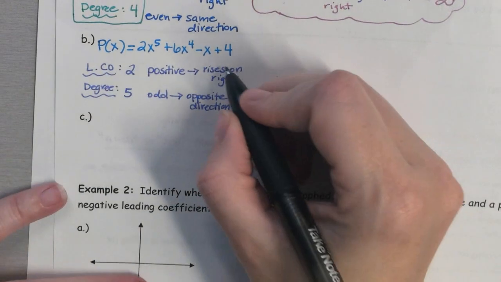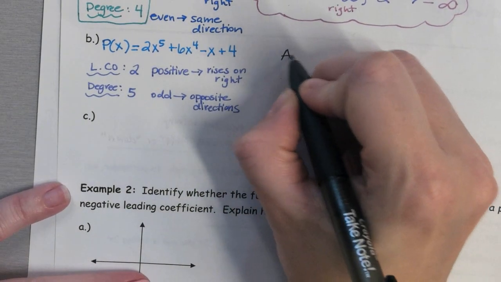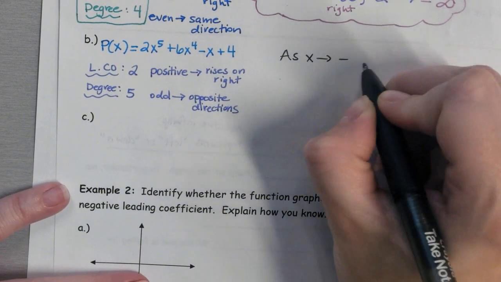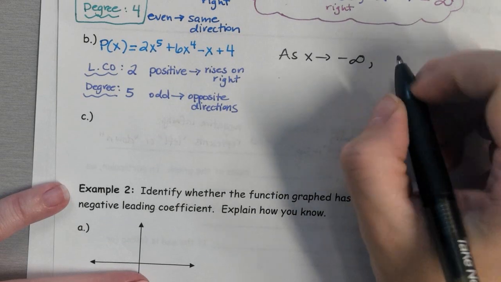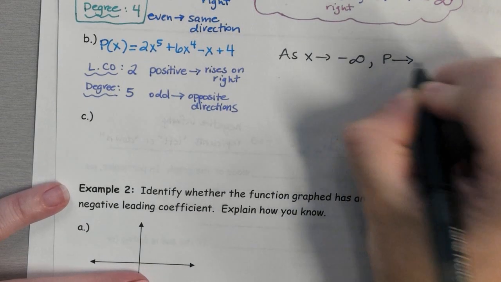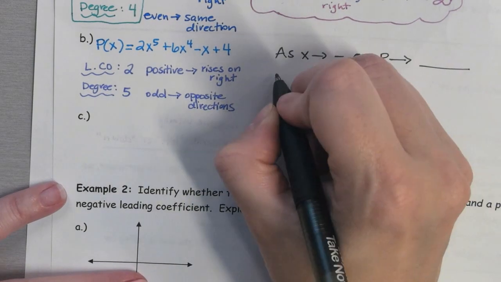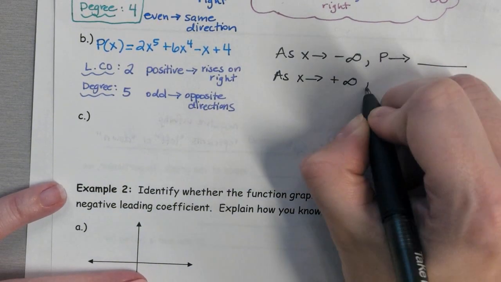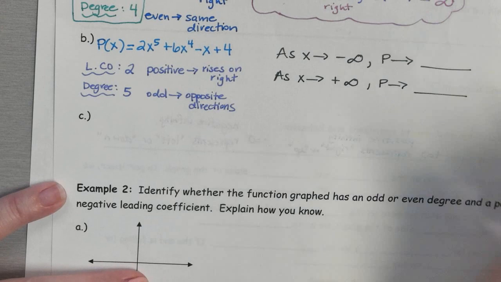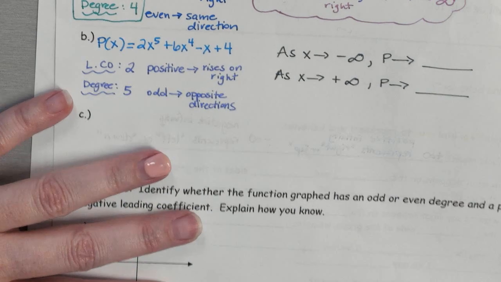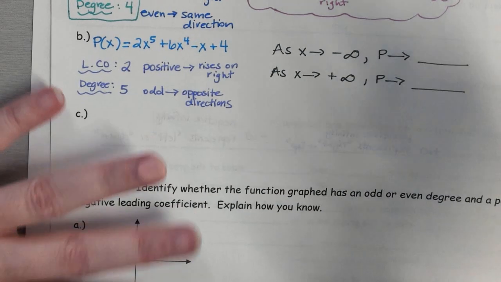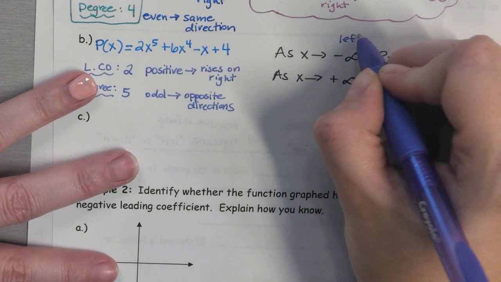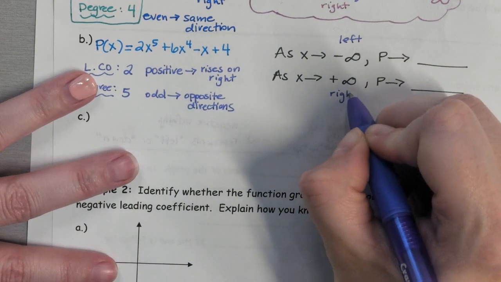We're going to start this off as x goes to negative infinity, P goes to blank, and then as x goes to positive infinity, P goes to blank. What you're saying here is what happens on the left and what happens on the right.